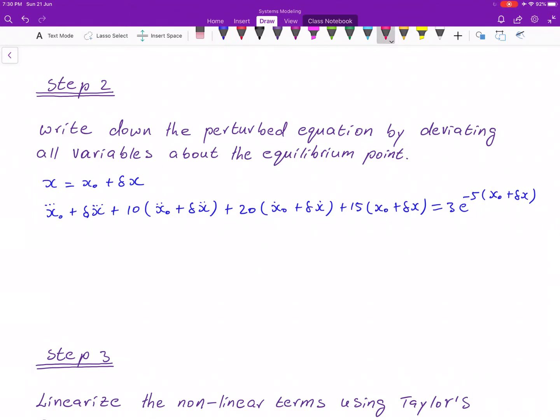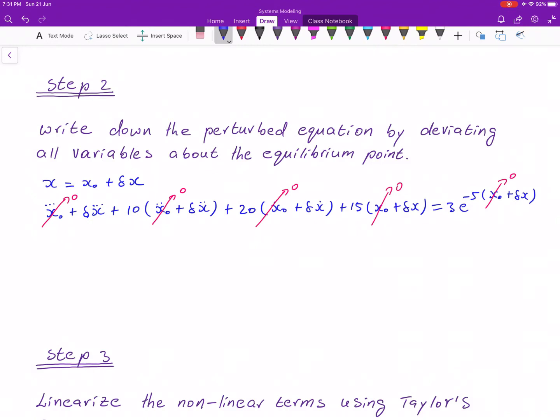And what we've learned is the derivatives at equilibrium were 0, and that one also 0, and that derivative was also 0. And the x naught as well will be 0.